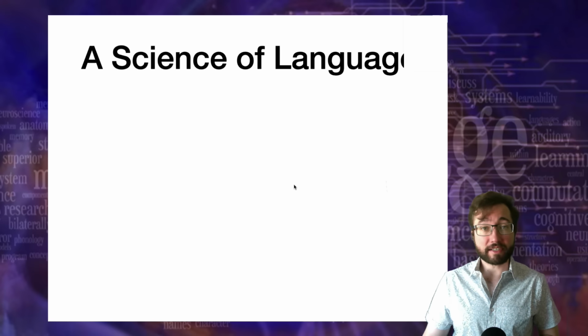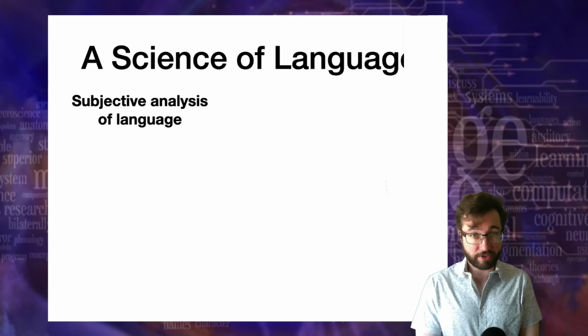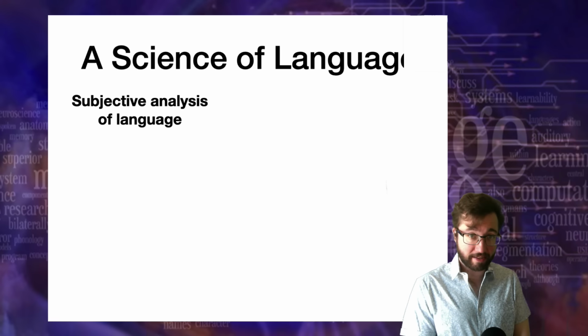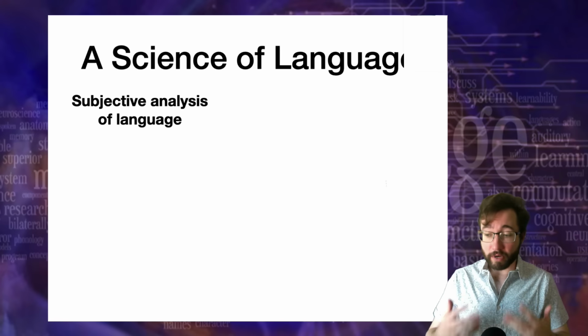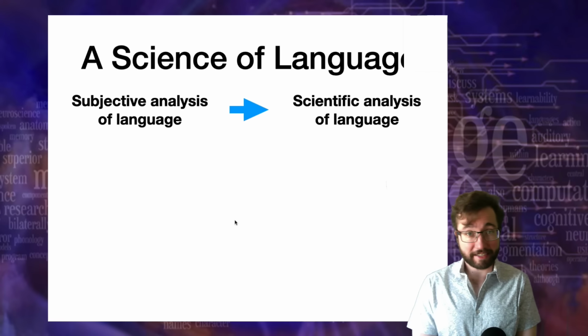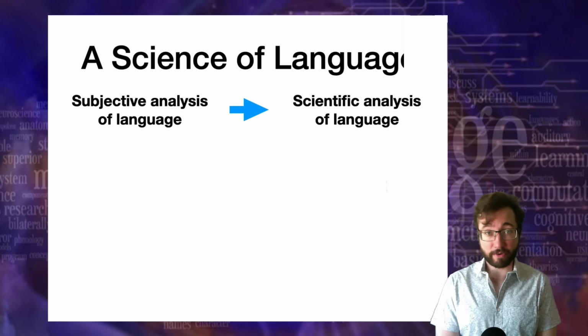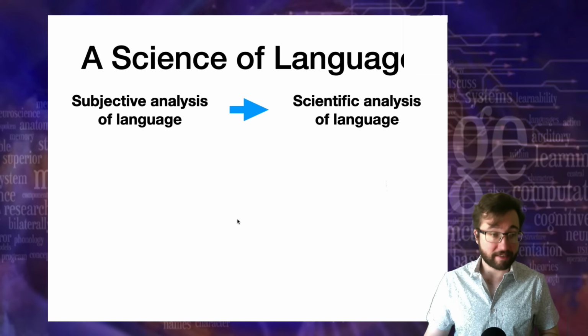In the case of linguistics, we're taking the subjective analysis of language, the kind of thing you do informally, the kind of thing you do in a literature class, and we want to run it through some kind of process that will enable us to develop a real scientific analysis of language, a rigorous, objective science, rather than a more subjective kind of system.